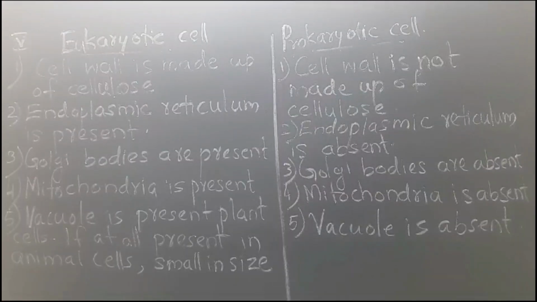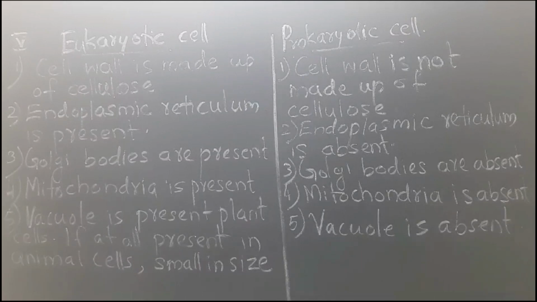Our last question is, what is the difference between eukaryotic cell and prokaryotic cell? There are 5 differences. First one is, in eukaryotic cell, cell wall is made up of cellulose. In prokaryotic cell, wall is not made up of cellulose.